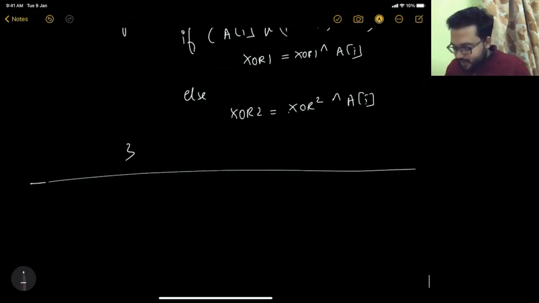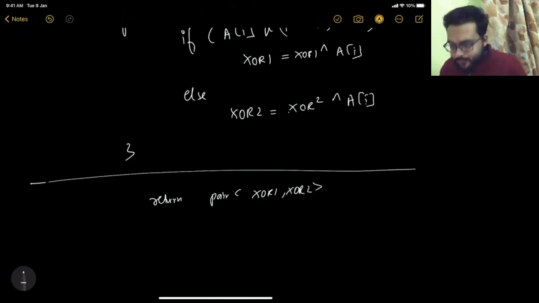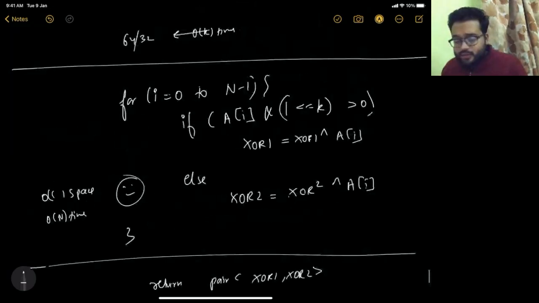The first step is find the XOR of the entire array. That will not take any extra space. You get the XOR of the entire array. The second step is find any bit K where the XOR was 1. And my claim is no matter whatever input you have, you will always have at least one bit with the XOR 1.